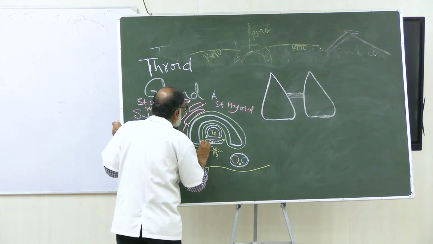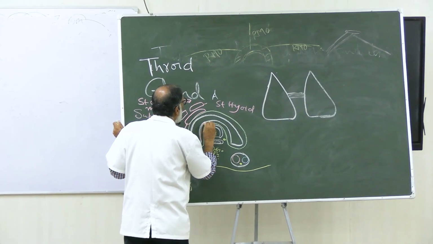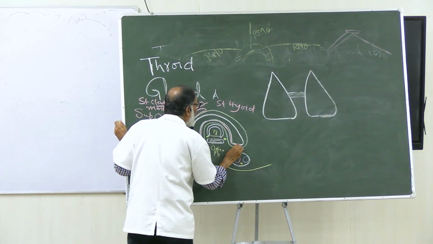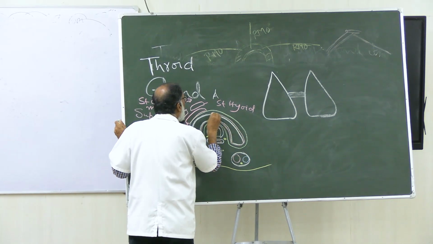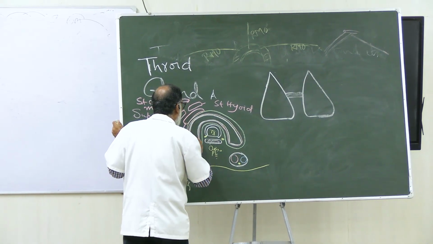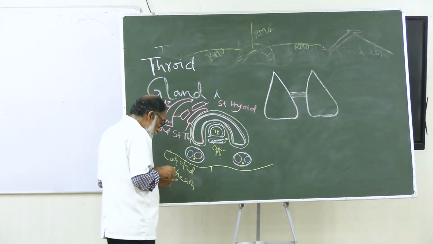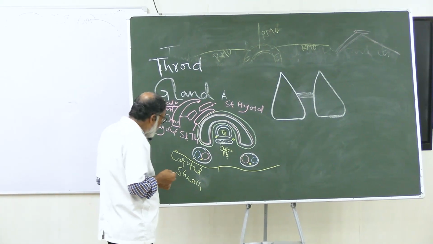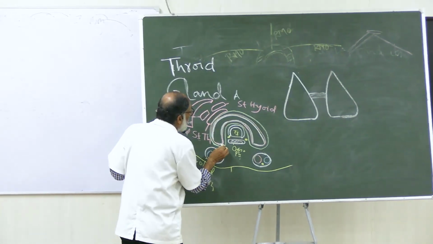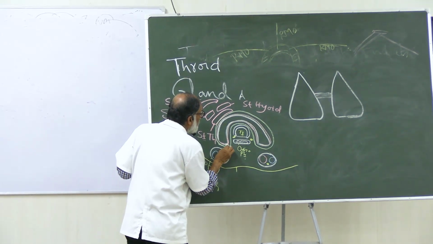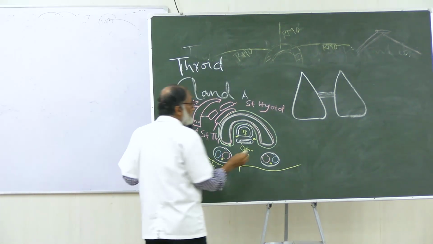And this is the true capsule. And in between true and false capsule lies the parathyroid gland in relation to its posterior margin.